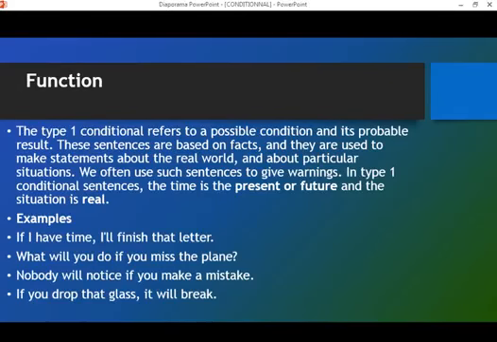In type 1 conditional sentences, the time is the present or future and the situation is real. Here we have some examples to explain. If I have time, I'll finish that letter. What will you do if you miss the plane? Nobody will notice if you make a mistake. If you drop that glass, it will break. Okay?